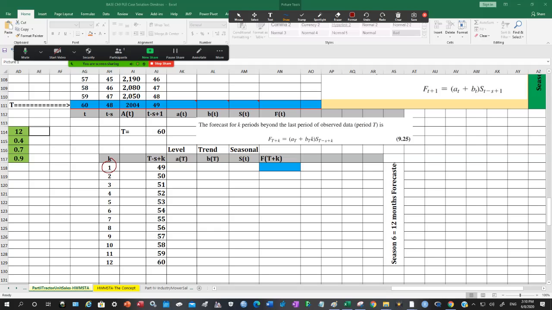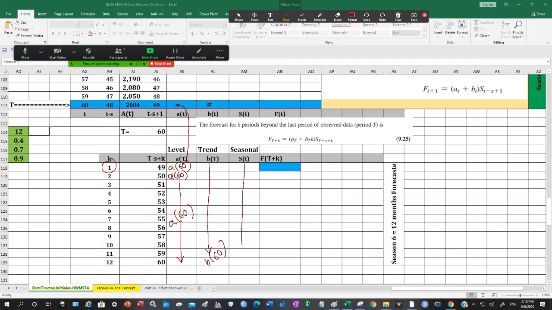This here is a of 60, which is this value right here. When k is 2, the level component is a of 60 again. So all of these are a of 60. All of these are b of 60, which is right here.